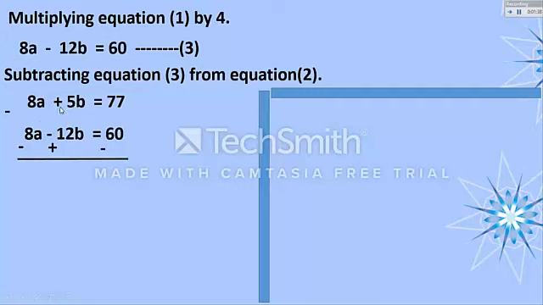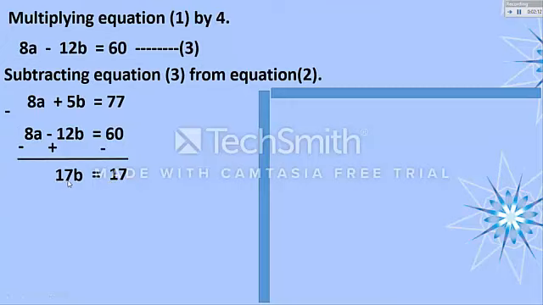Then 5b plus 12b, signs are similar, so addition here, that is 17b is equal to 77 minus 60, subtraction, that is 17.